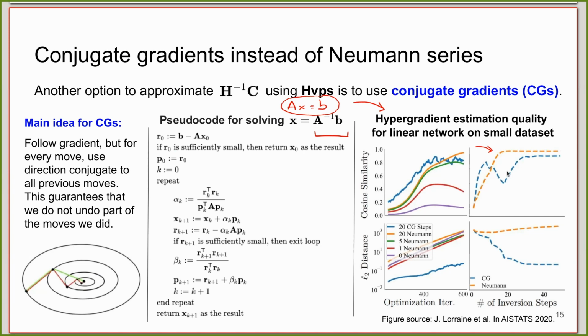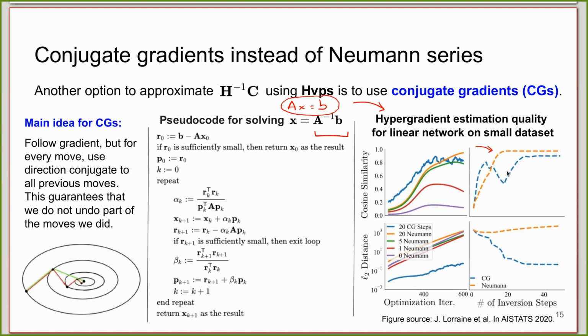But yeah, I wouldn't be saying conjugate gradient is better than the Neumann series. The main advantage of the Neumann series, as we're going to see later, is that it has some connection with differentiation through the optimization process. Good. Any questions on this? No? So just to recap, we want to compute products of the inverse Hessian times some matrix, and that's intractable.